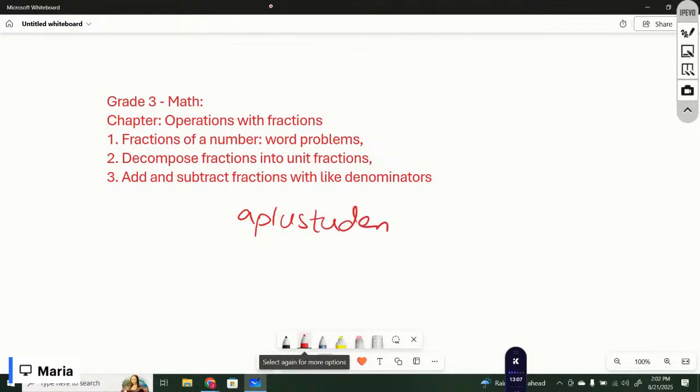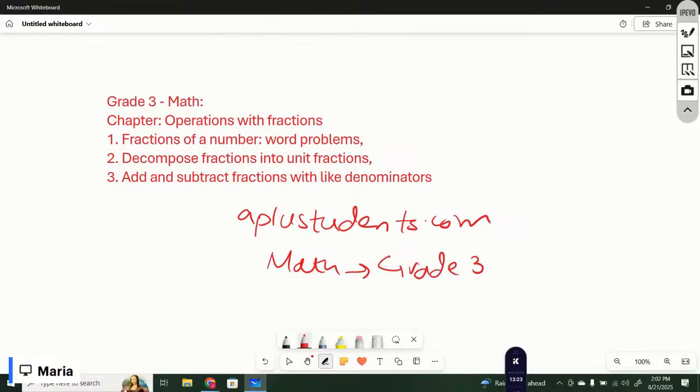You have to log in there using your email address and password as provided by the administrator. Then you have to select math from the subject tab, scroll down to grade 3 math, and then click on view all lessons. There you can find a list of the chapters.